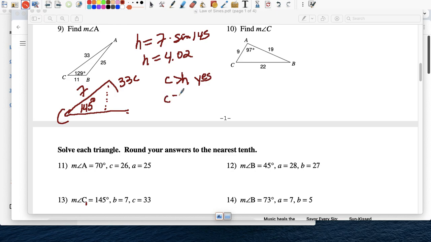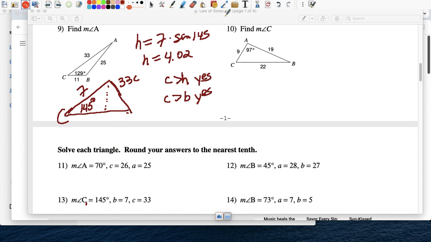Is little c greater than this side over here, which is side b? Yes. So when both are true, that little c is greater than the height and this other side, then this forms just one triangle, and I can now close this.